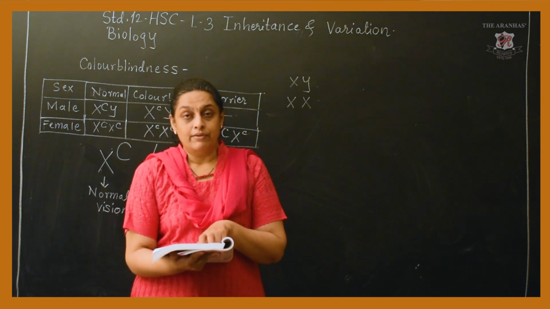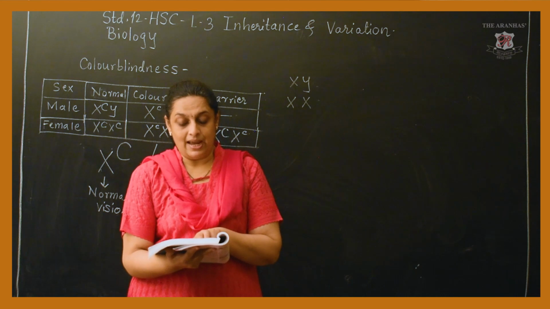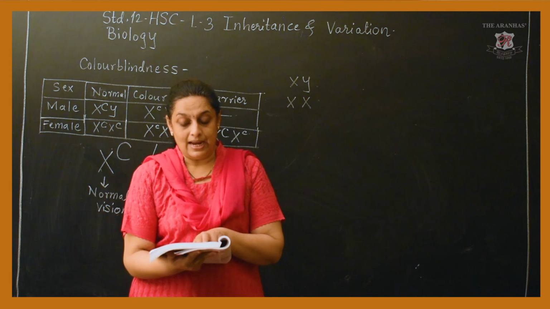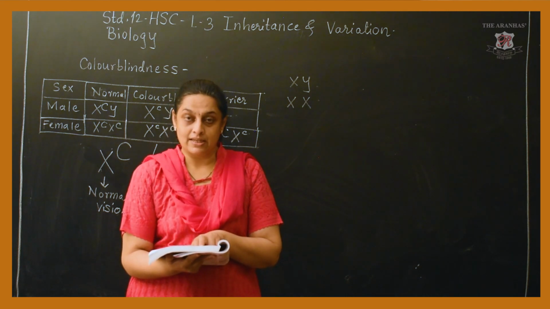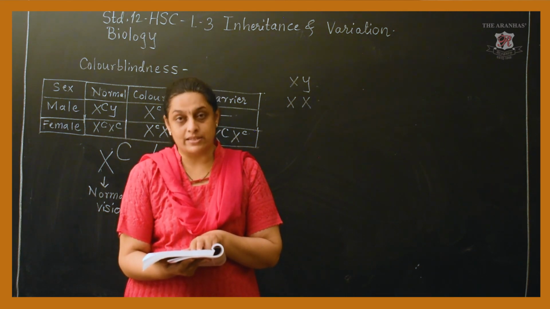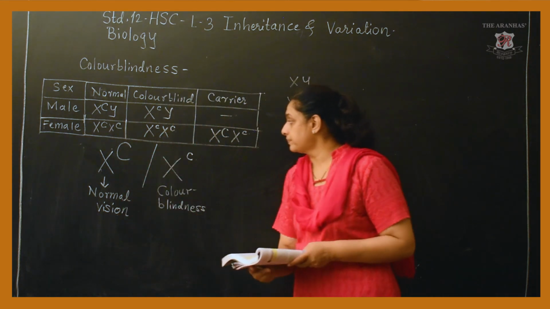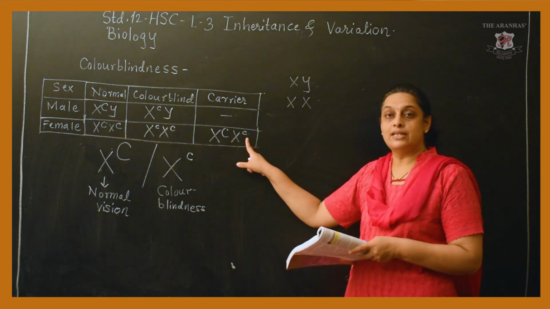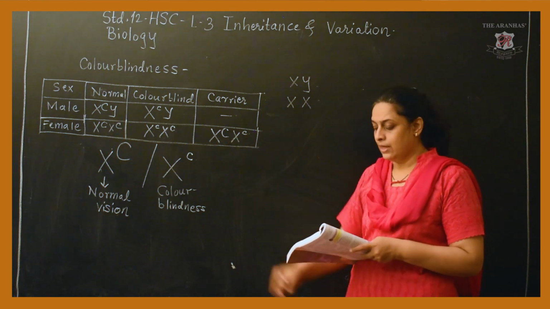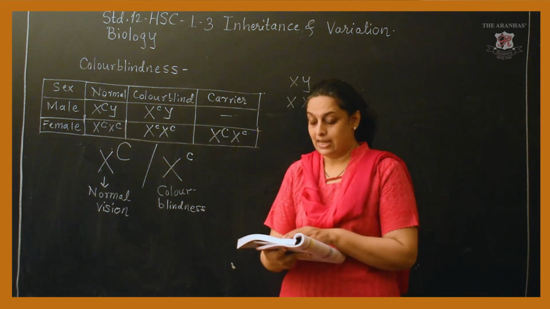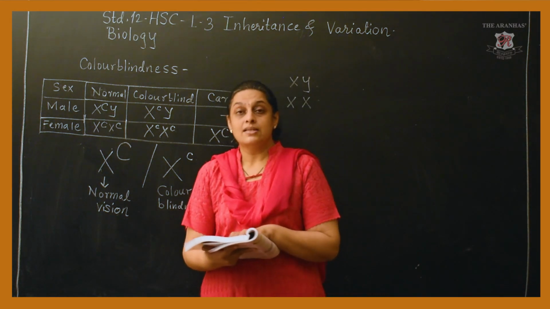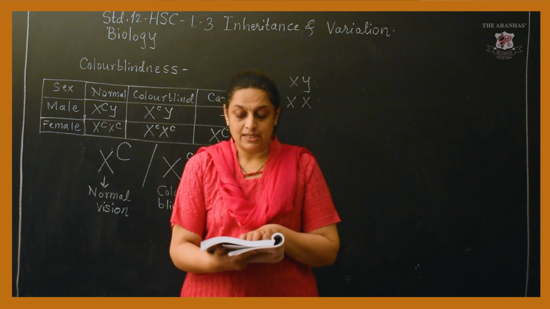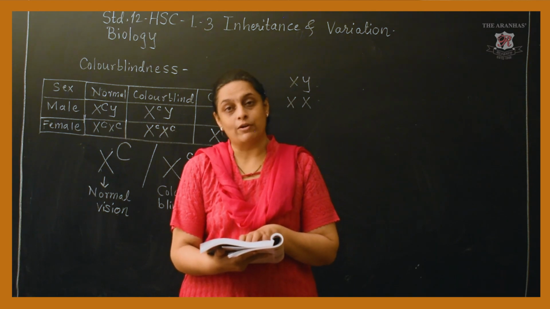see, the first two combinations are having one gene normal and the other for color blindness. So, they become carriers. Look here. This combination, one normal gene, the other for color blindness. So they become carriers, and when a son is born, the sons will have normal vision.